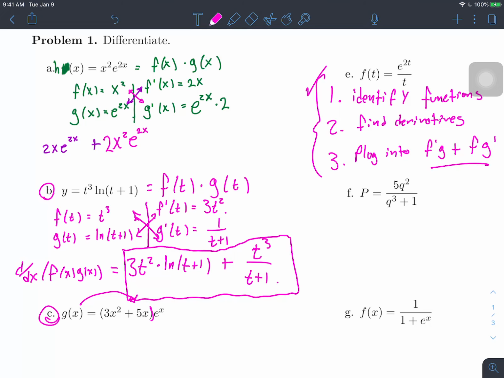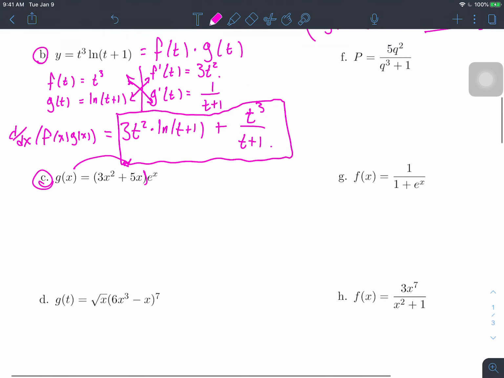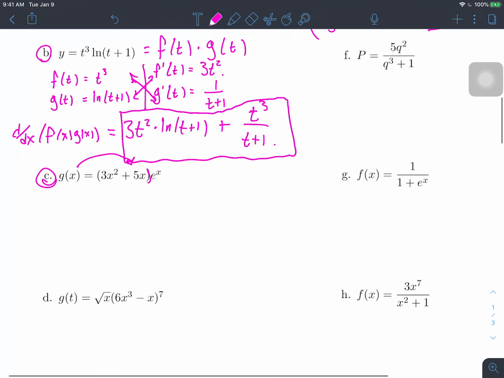Yes, Ashlyn? Sorry, how did you get 1 over t plus 1? Great question. The question was, if g of t equals ln of t plus 1, why is g prime of t equal to 1 over t plus 1?